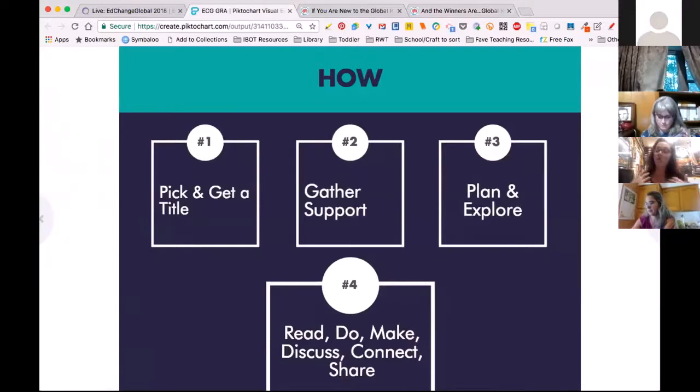But with Global Read Aloud, it's supposed to be more about, at least in my mind, and maybe not everybody's, but at my school, it was more about just the experience of everybody reading the same book, and then having some of those collaboration experiences and cross-curricular tie-ins, or teachers mentioning it, or those types of things, but not necessarily having it be something they're tested over or quizzed over.